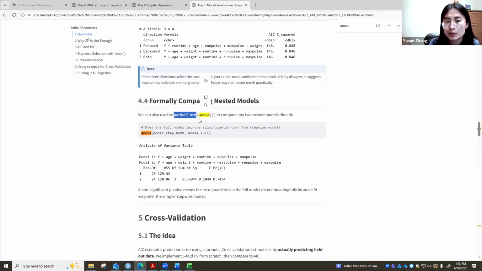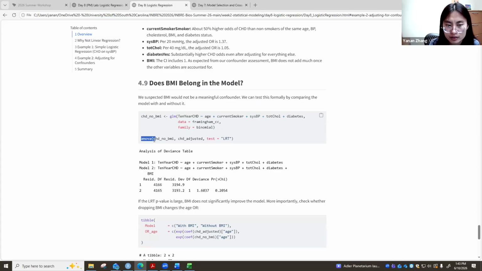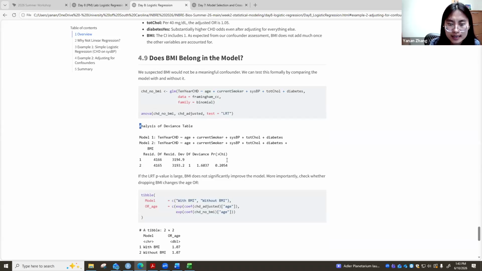That's for linear regression. For logistic regression, we use the same function called ANOVA, but we specify that we want to use the likelihood ratio test. So this test is based on the likelihood ratio. All right, so this is the result.